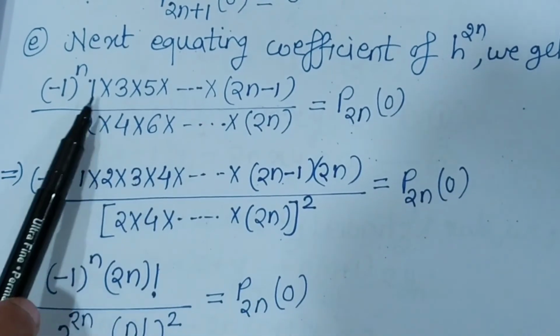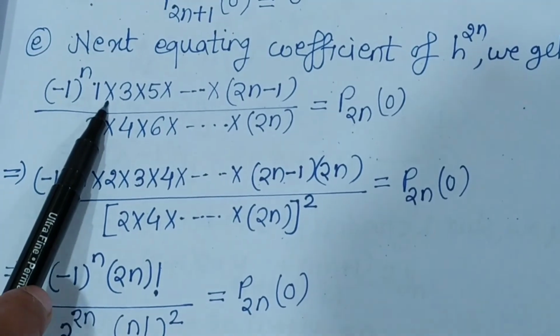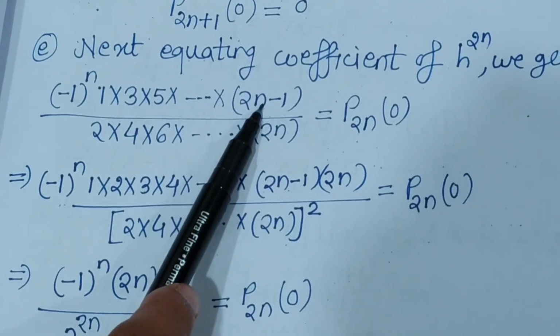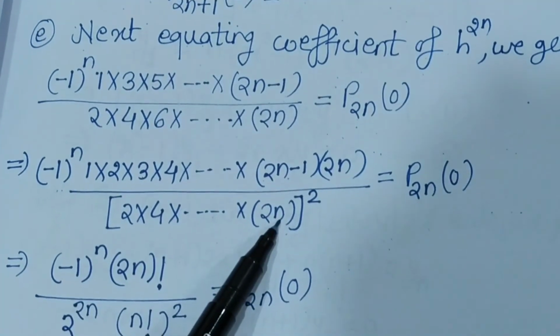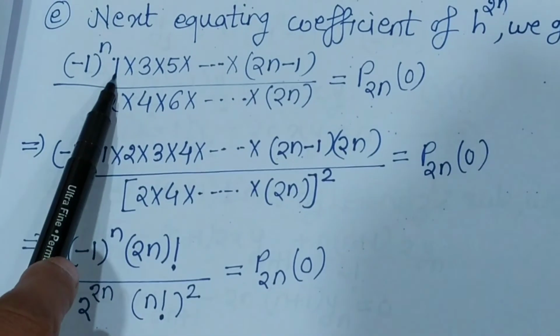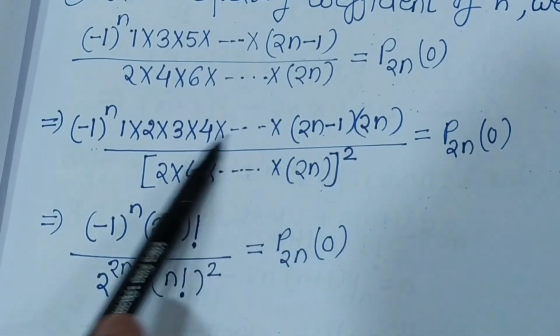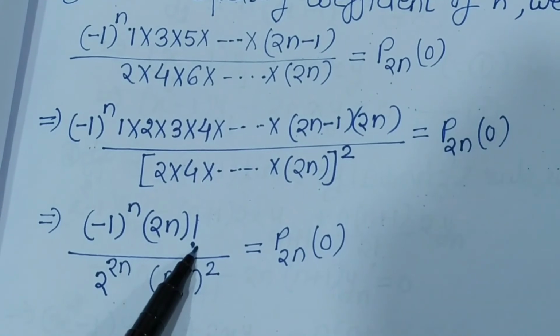Equating this, now what we do here, we multiply by 2, 4, 6 up to 2n in the numerator as well as in the denominator. So it becomes 1 into 2 into 3 into 4 up to 2n. This is nothing but 2n factorial.